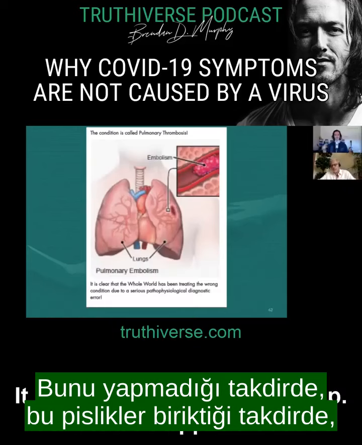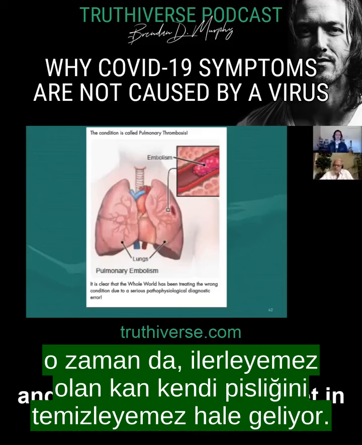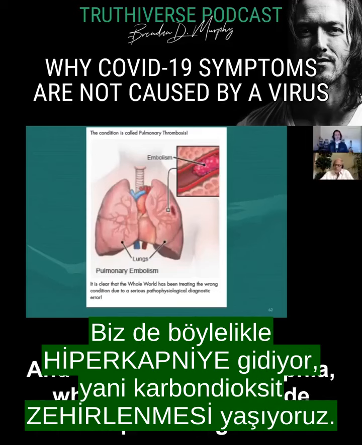It doesn't do it. If that backs up, and what happens in the vascular system, clots form, and then the blood can't get in to remove its own waste, and we go into hypercapnia, which is carbon dioxide poisoning.